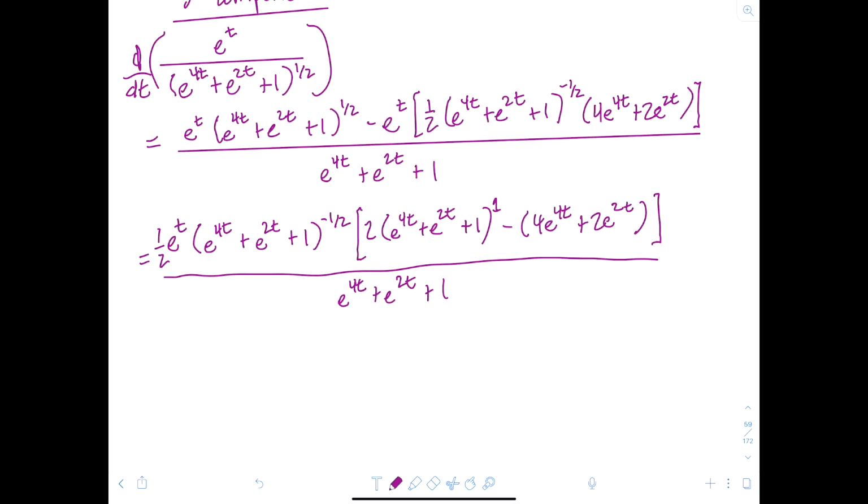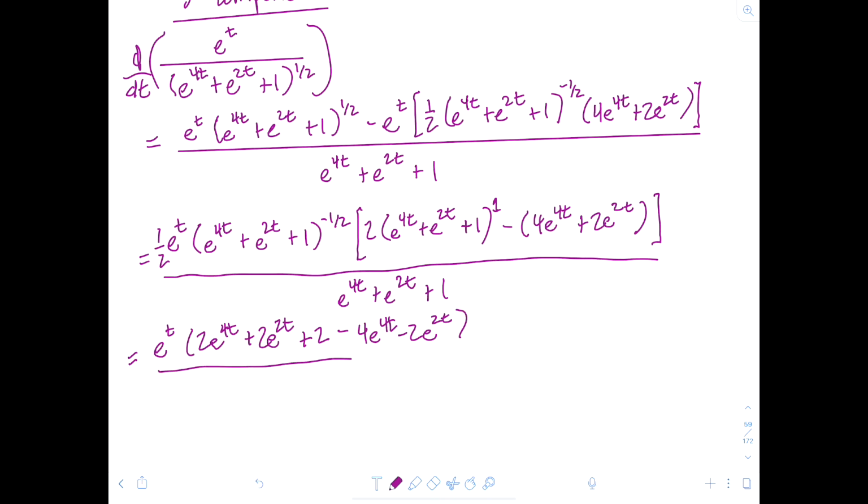Getting there. This will equal e to the t times 2e to the 4t plus 2e to the 2t plus 2 minus 4e to the 4t minus 2e to the 2t, all over 2 times quantity e to the 4t plus e to the 2t plus 1 raised to the 3/2.